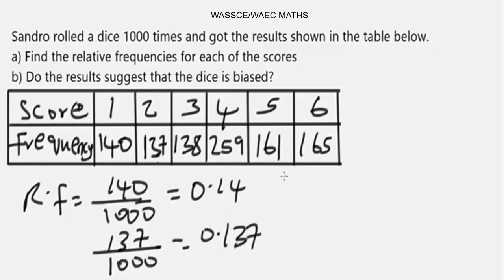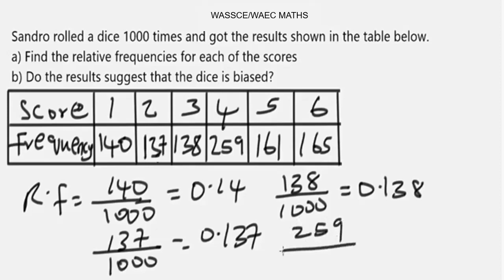When the score is 3, we have 138 divided by 1000, which will give us 0.138. When the score is 4, we have 259 divided by 1000. When you punch it, you're going to have 0.259.